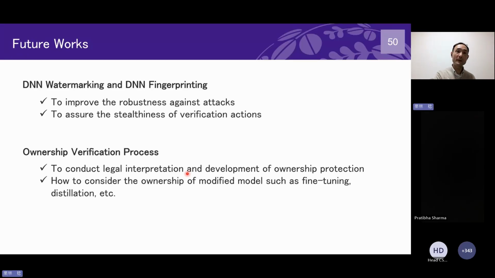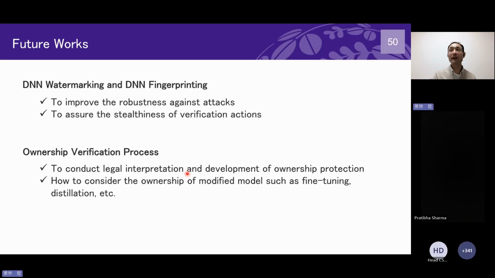Maybe the model will be stored and the malicious party will try to modify it. Then how much of the difference from the original model is covered? It's very difficult to define. If the model is completely different from the original, then the malicious party will be regarded as a new developer of the model.